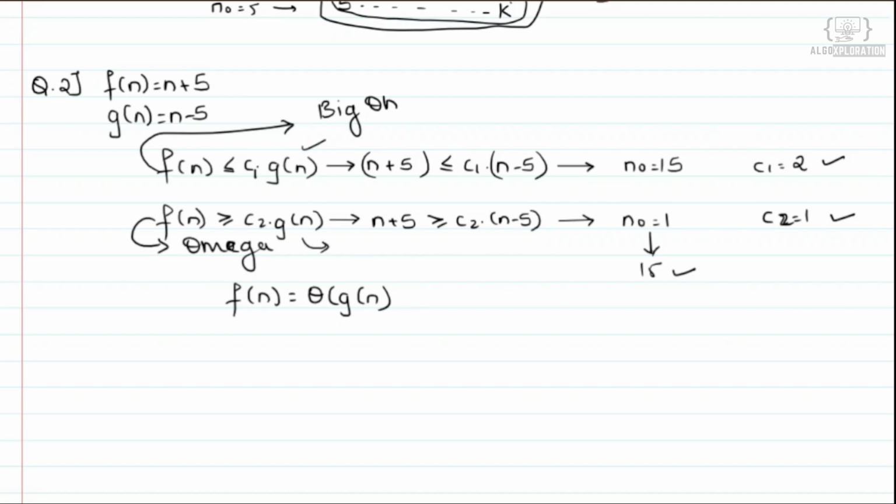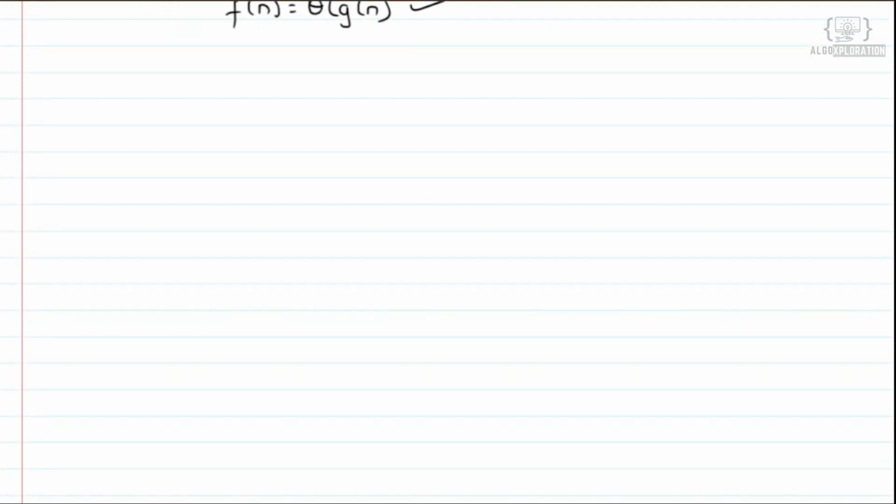When this equation is satisfied and we get the two values c1 and n naught, and similarly for omega c2 and n naught, we say that big O notation is satisfied. Similarly for omega. When both are satisfied, we can say that f of n is equal to theta of g of n. Now let's solve the next question.